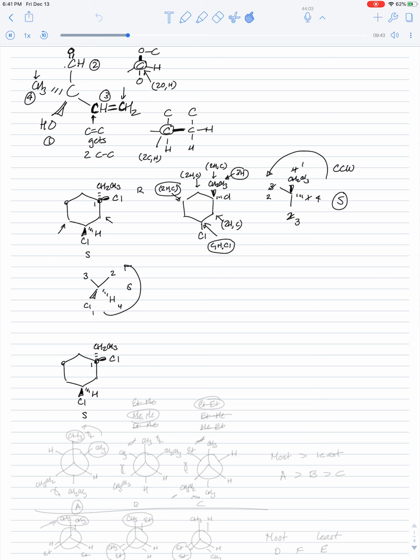Where I go from here is I now have to convert this into my chair. So now I have a chair. Or wait, the question was whether they were cis or trans, right? I don't need the chair. Are the two chlorines cis or are they trans? They're cis.